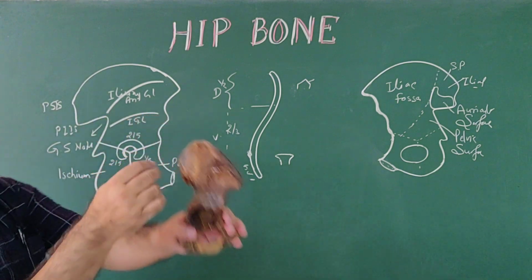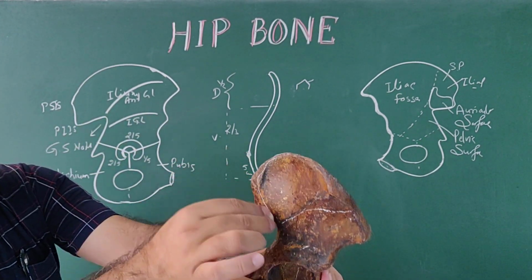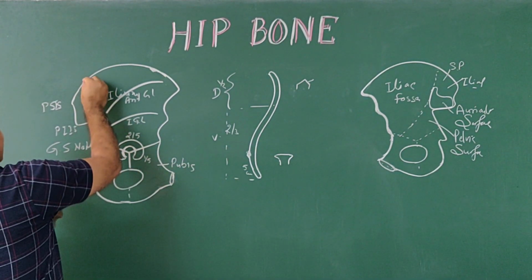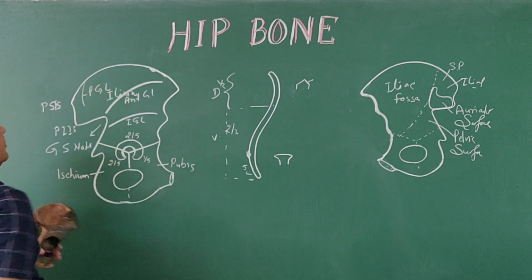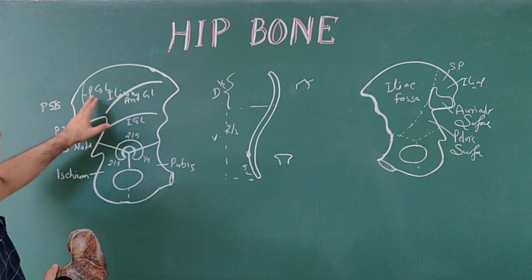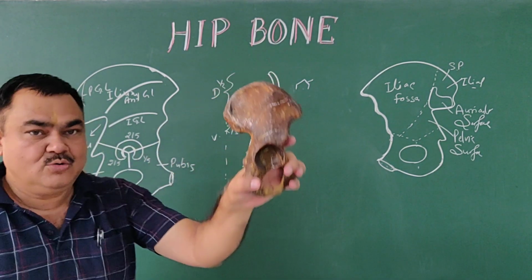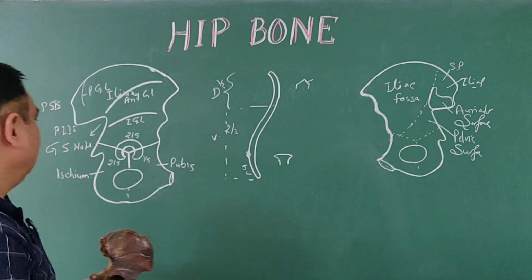And here is this line, the posterior gluteal line. So by these 3 lines, this gluteal surface is divided into 4 parts.